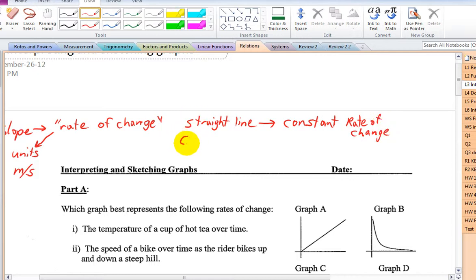And then if we have a curved line, that means the rate of change can be increasing, and that line will then be going up. Whereas if the rate of change is decreasing, the slope will be curving down. So whether the slope is curving up or curving down will tell you whether the rate of change is increasing or decreasing.